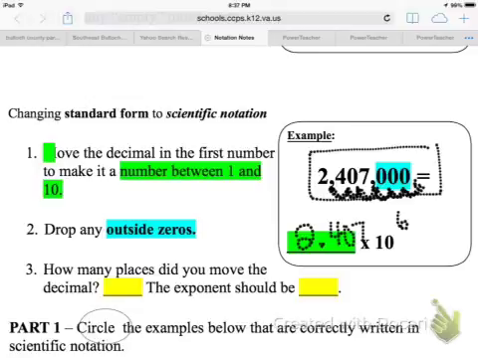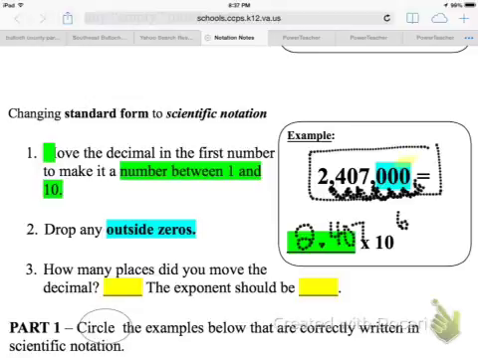Going on, one thing I've got to ask you. If you look at what's highlighted in blue, those are outside zeros. Once you move it and you've found your number that's between 1 and 10, you can actually go through and drop those outside zeros because they're what you call placeholders. We don't need them. Let me highlight this.